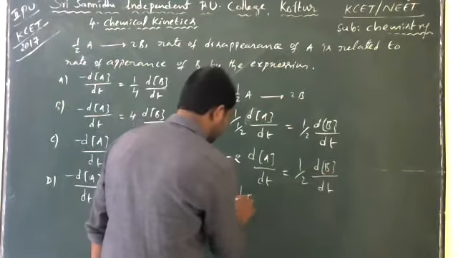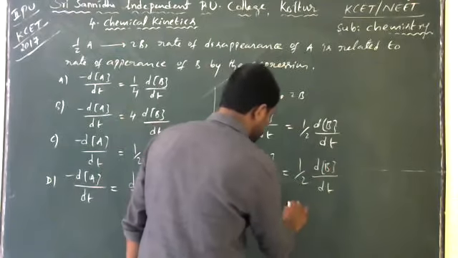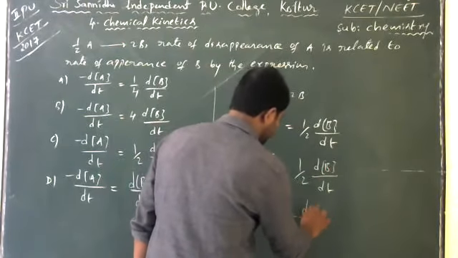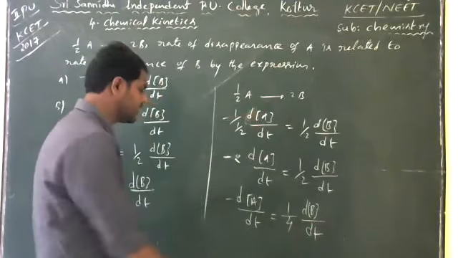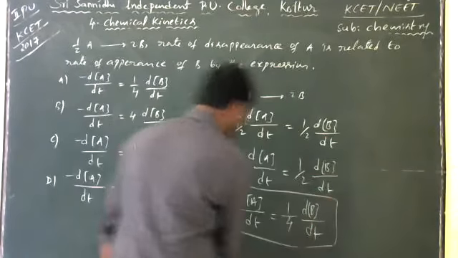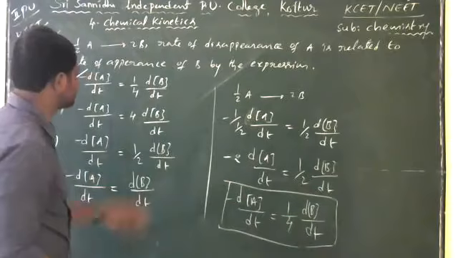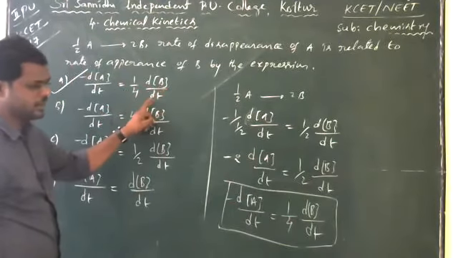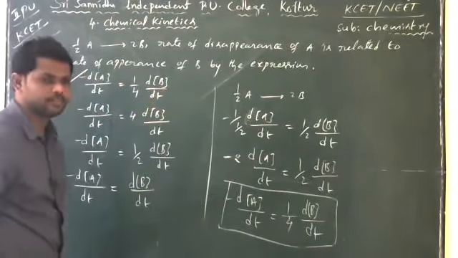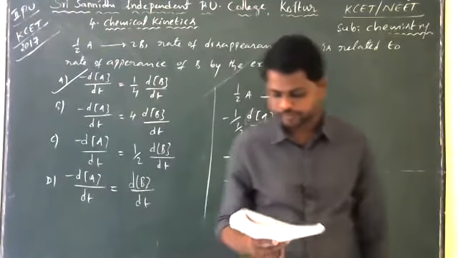Then minus d[A]/dt is equal to 1 by 4 d[B]/dt, and this is the answer, which is the first option: minus d[A]/dt is equal to 1 by 4 d[B]/dt, right? And this is about question number 10, option A.